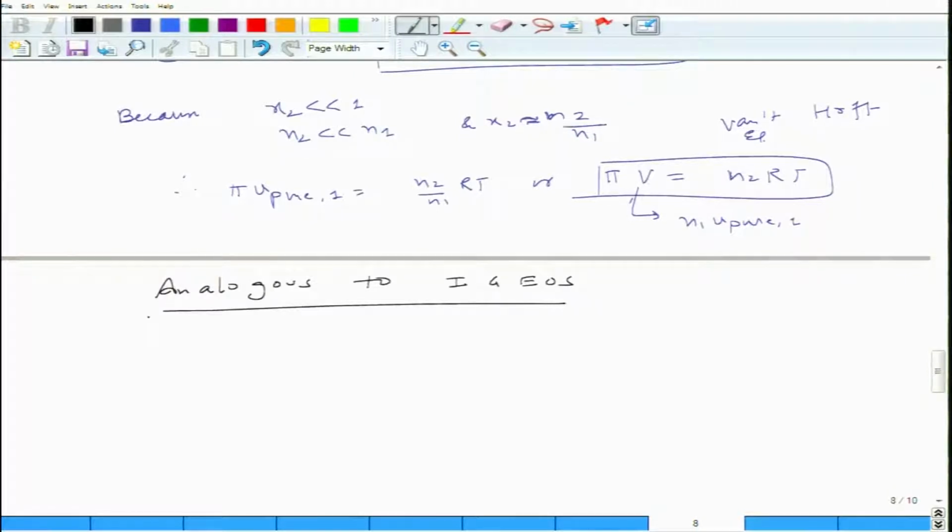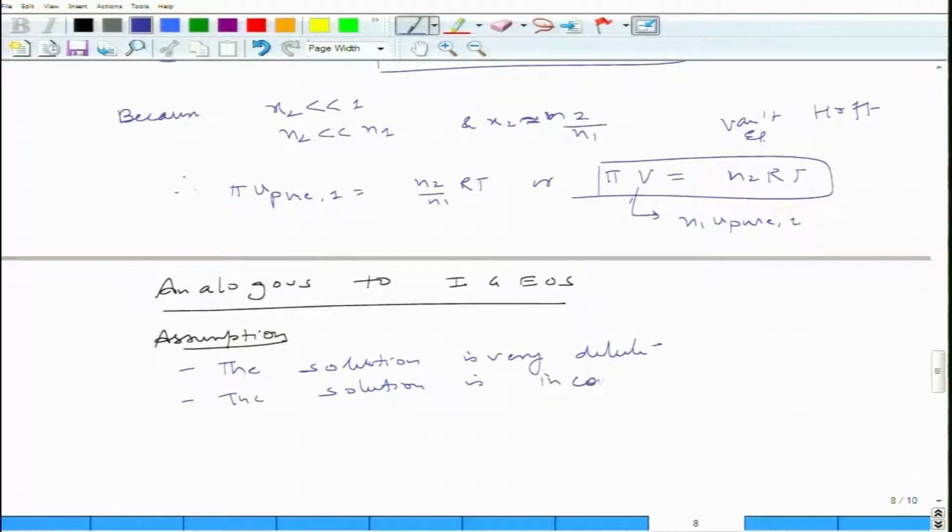But the most important thing is that it is all based on certain assumptions. So, what are the assumptions here? That the solution is very dilute and the solution is incompressible.